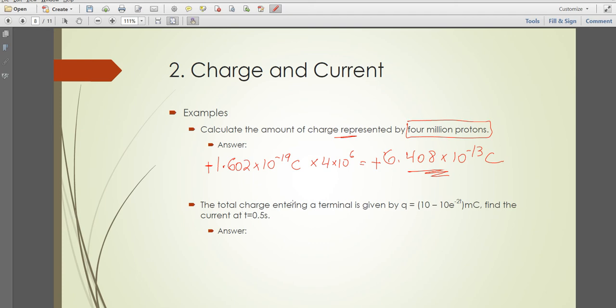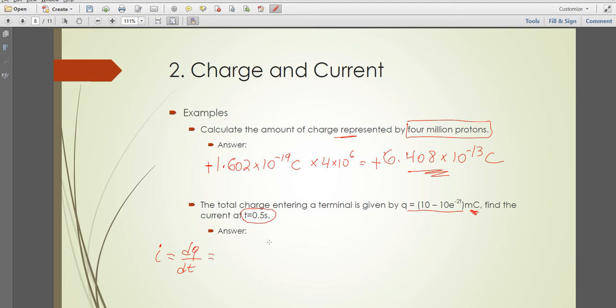The total electric charge entering a terminal of that element is Q equals 10 minus 10 times exponential minus 2t millicoulomb. We have to find the current at this time. So you remember the equation, the current is the derivative of Q with respect to time.